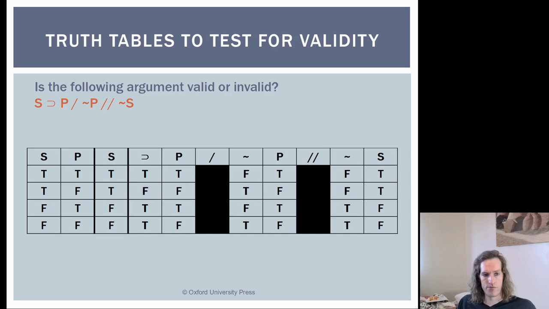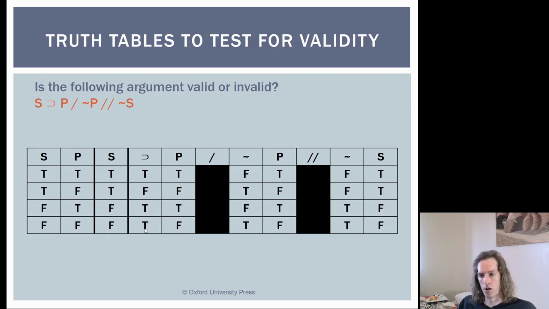Okay, how about this? We flip things around a little bit. We still have if S then P, but now we have not P as a premise, and now we have not S as a conclusion. If we look at the value of not P, we're going to see that it's true in 2 rows, and in only one of those is it also the case that if S then P is true, where the value of the conditional here is what we're looking at.